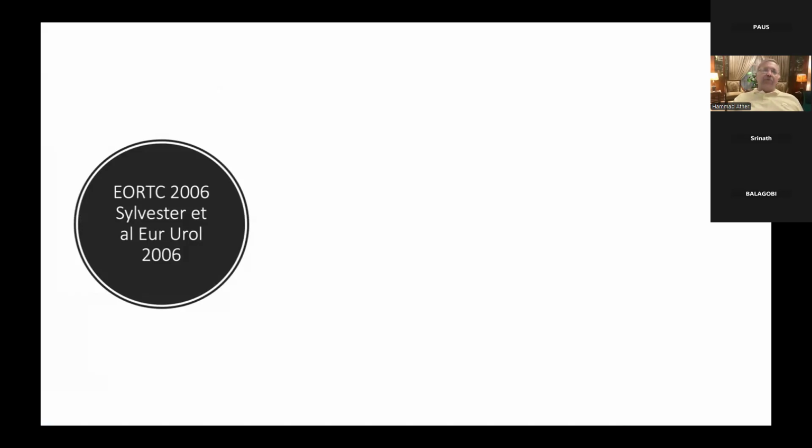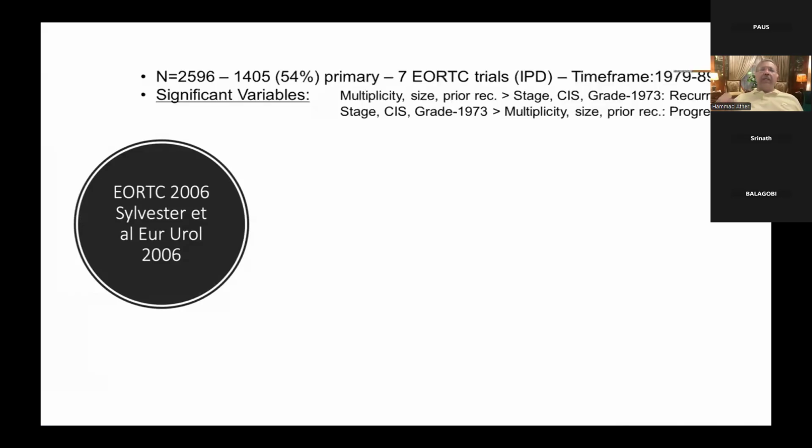The EORTC 2006 tool, reported by Sylvester in European Urology, had over 2,500 patients, of which about 1,400, just over half, were primary. The data was collected from 7 EORTC trials, and the time frame was between 1979 and 1989.